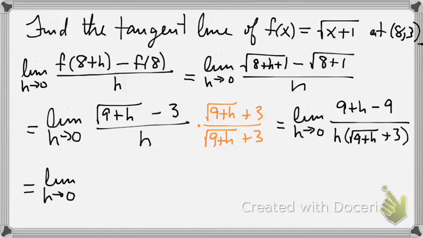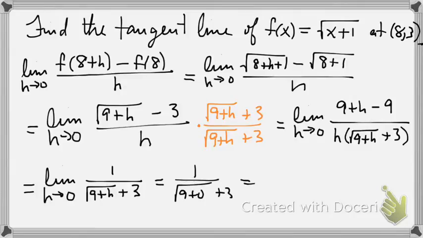Over an h. So it's going to reduce. So I'm going to be left with 1 over square root of 9 plus h plus 3. You guys okay with that? Can I use direct substitution now? So now I have 1 over square root of 9 plus 0 and then plus 3. Well, that's going to be 1 over 6. You guys agree?